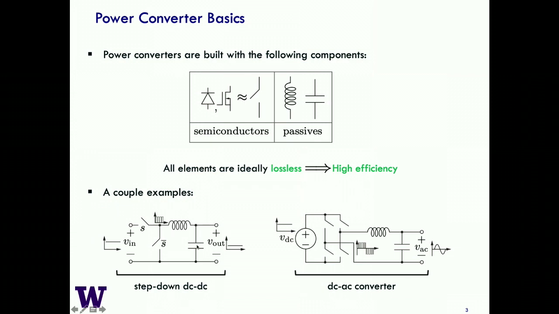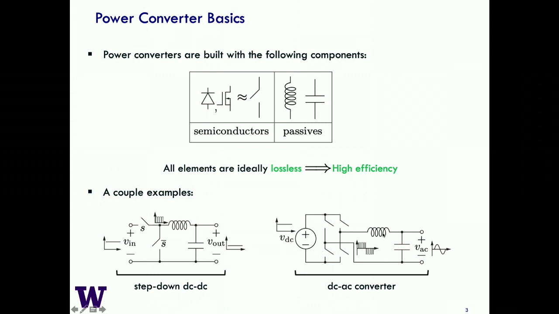Then these LC circuit elements on the output filter out these high frequency components, and you recover a lower voltage. Because of these ingredients, it should be highly efficient. This kind of converter is ubiquitous. It could be in all your computing devices and in many different applications.